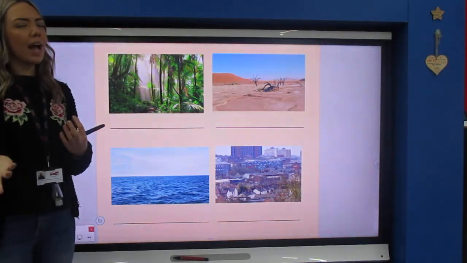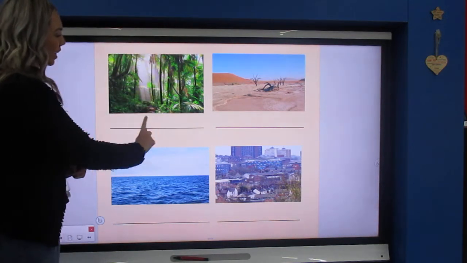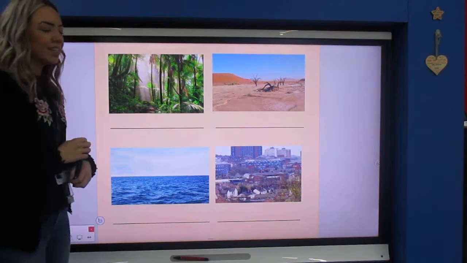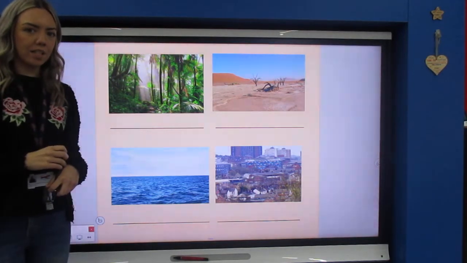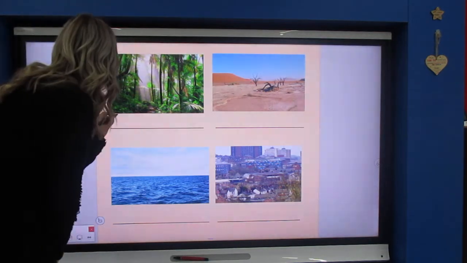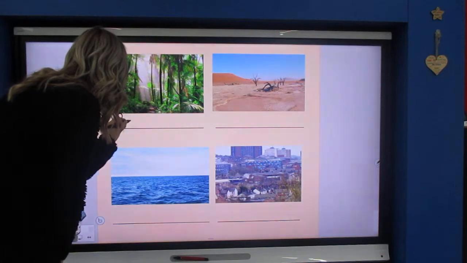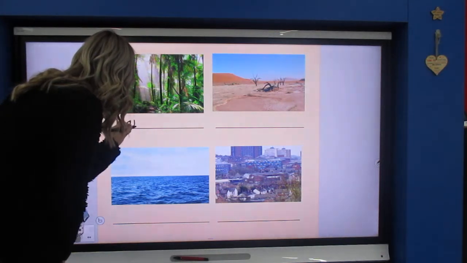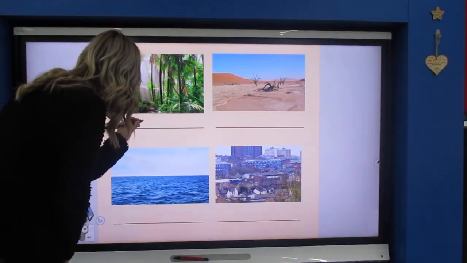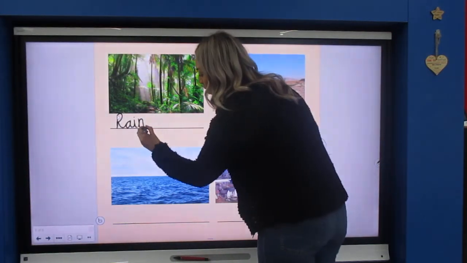So there's a lot of rain, but there's a lot of sun. Can you think of the name of this type of habitat? A rainforest. Brilliant. And let's write that together using our phonics knowledge. Rain forest.